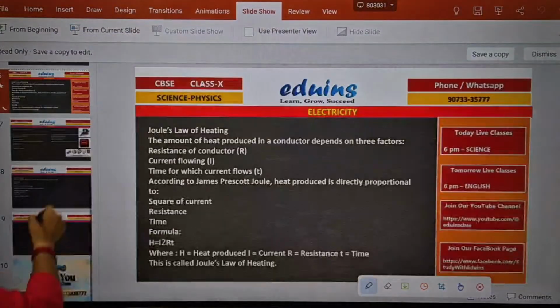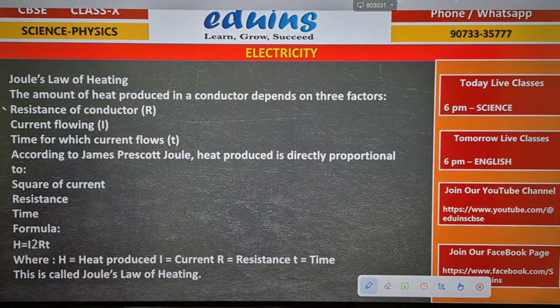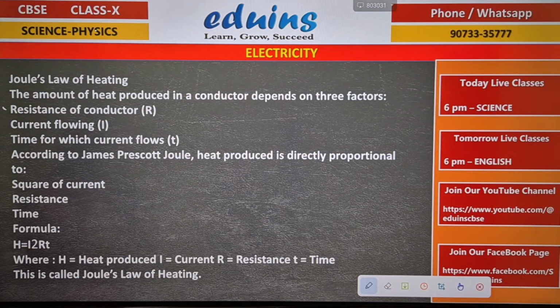Resistance of the conductor, current flowing through the conductor, and time for which current flows. So the three laws combined are known as Joule's law of heating, the heating effect of current.